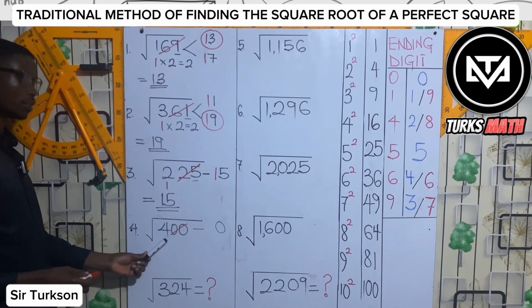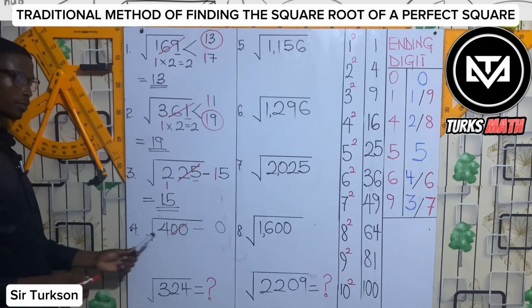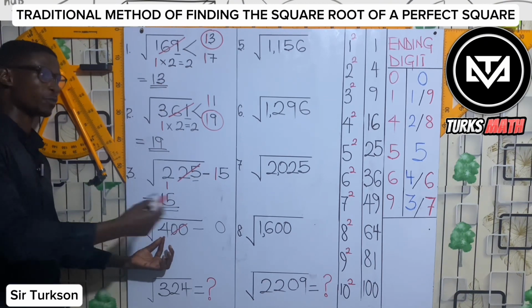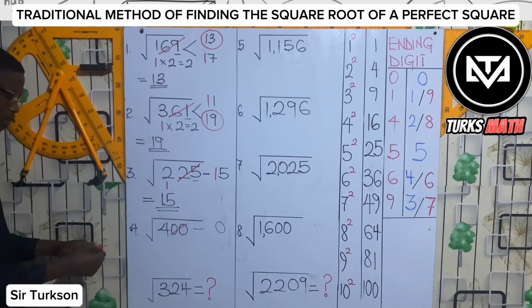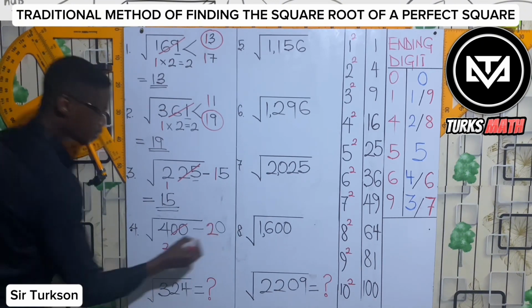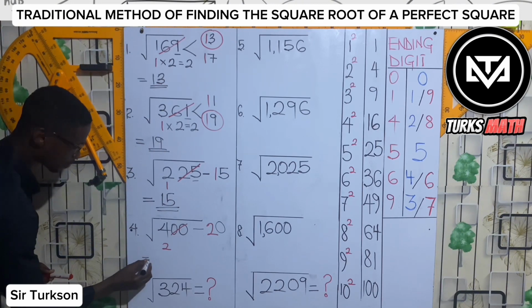So 4 is a perfect square. And what number gives us 4? 2. So you put down a 2 and increase here by 2, and we are going to have our answer to be 20.